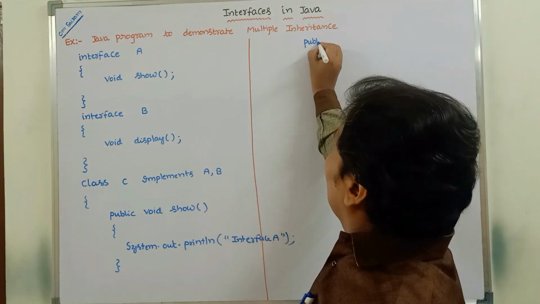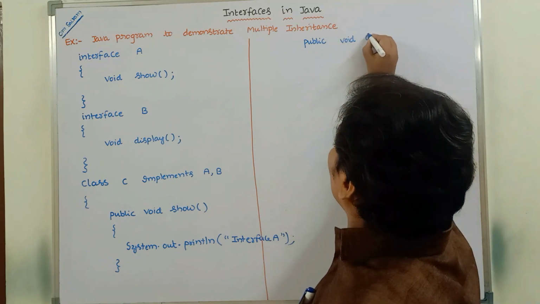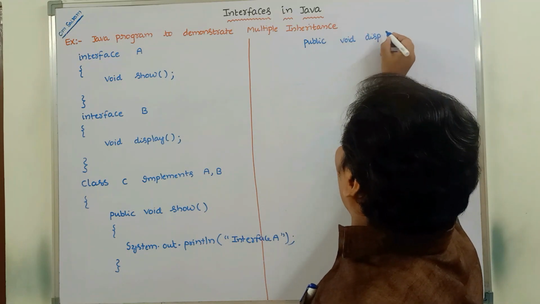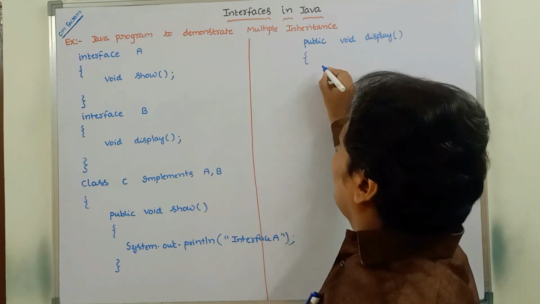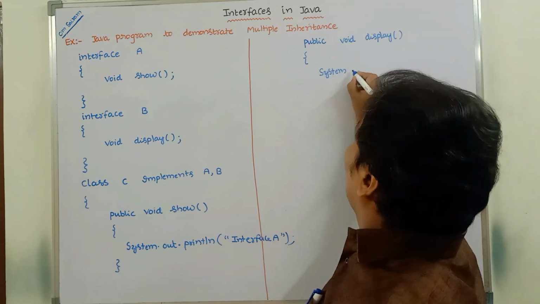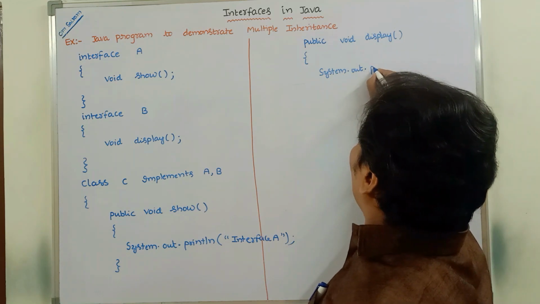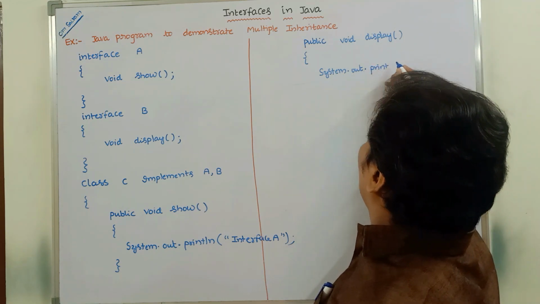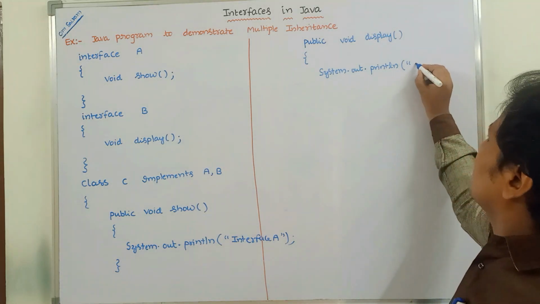So public void display. System.out.println.